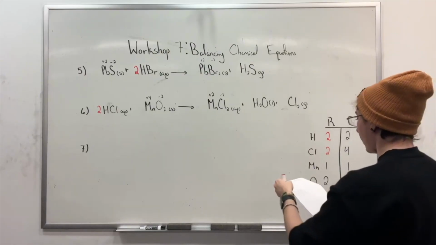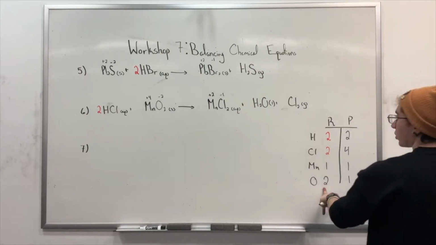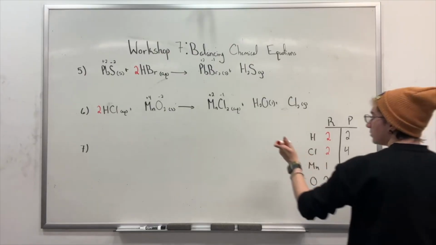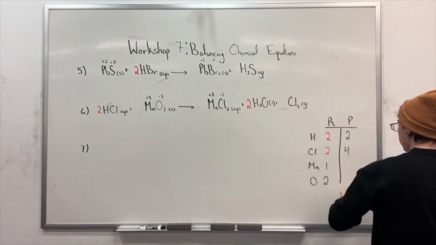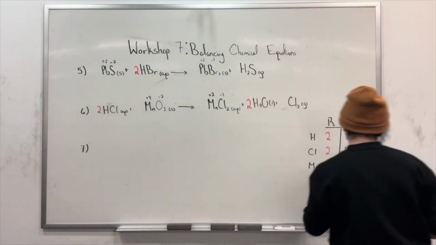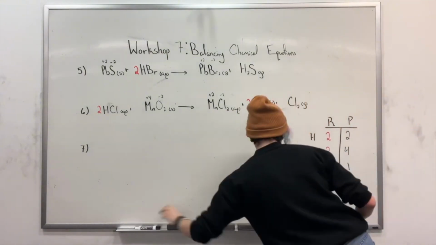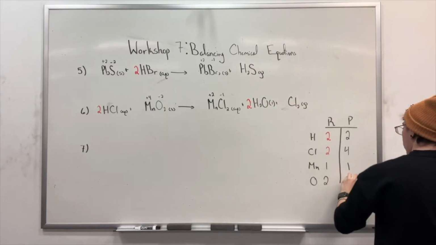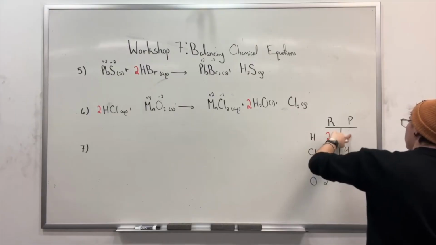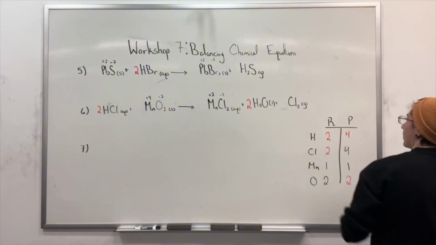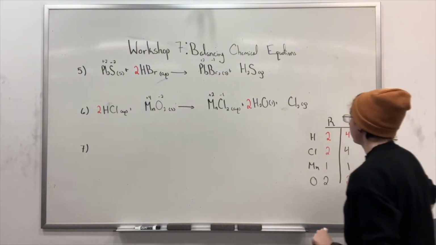Now let's focus on our oxygens, 2 on our reactant side, 1 on our product side. So we're going to multiply this by 2 as well, our water over here. Oh, I erased the one thing. So that will give us the 2 oxygen we need, but now we have 4 hydrogens on our product side.